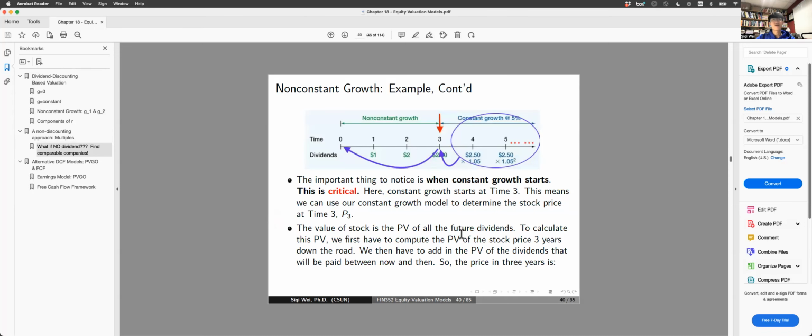Now on my slides, there's another form of stock. On the first stage, you have a non-constant growth, so discount back every single one of them to the present. And on the second stage, you have a constant growth dividend payout, so that you can use the Gordon dividend growth model to discount back all the second stage cash flows to the present, and then discount the terminal value back to T0, sum them up, that gives you the stock price.